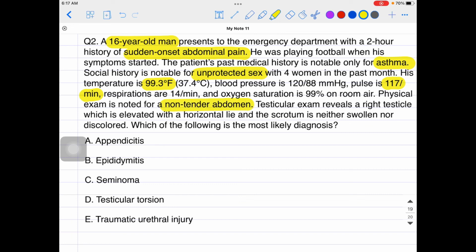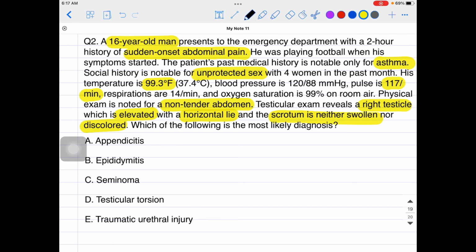Testis exam reveals a right testicle which is elevated with a horizontal lie, right? And the scrotum is neither swollen nor discolored, right? So they are talking about right testicle which is elevated with a horizontal lie. I again told you in the beginning of this particular session that the transversely or horizontally placed testis we are talking about in the testicular torsion, and the name of that particular sign was the angel sign.